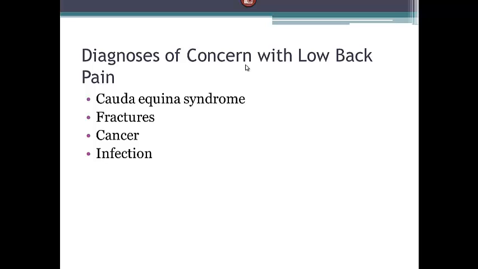So it's very important that you ask the patient if they have numbness at the level of the perineum, at the level of the genitalia. Do you have any type of bladder incontinence or bowel incontinence? You could also do bladder scanning to see if the patient has a high residual volume. Ask the patient about sexual dysfunction.